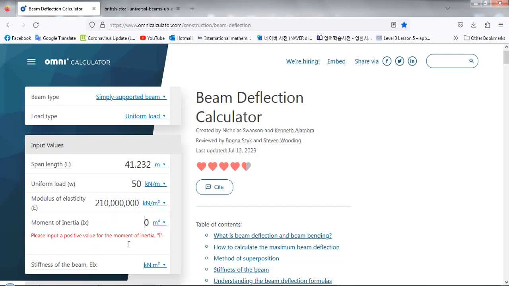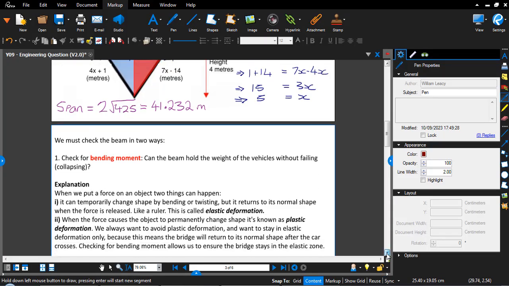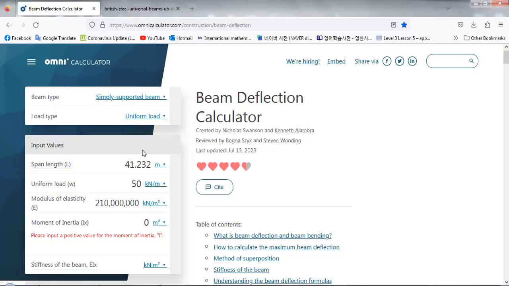Moment of inertia is another way to say second moment of area. What was our second moment of area? It was 0.0041232. So let's see, I'll put that in. Hopefully they'll get the same answer as us.